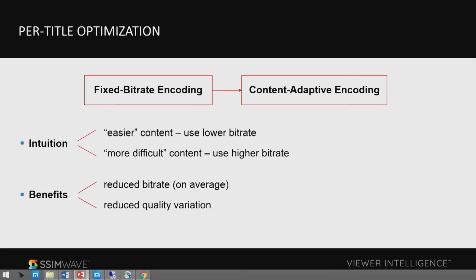One is overall, you're going to reduce bitrate. I say on average. The reason is because you are assuming that for most of the content I'm going to work with, easier content is going to be most of the stuff. So relatively difficult content is going to be a smaller proportion of all the content I have. I think that's probably the case in most applications.